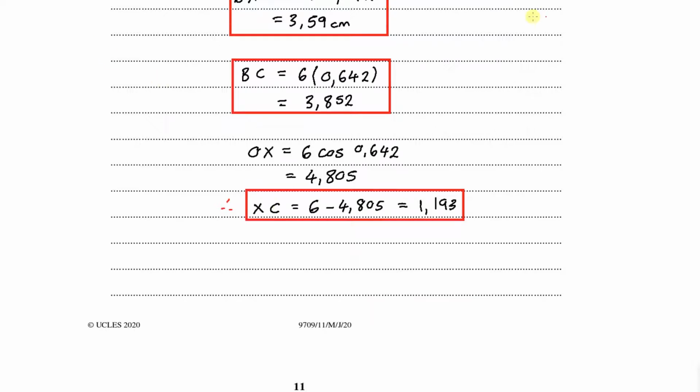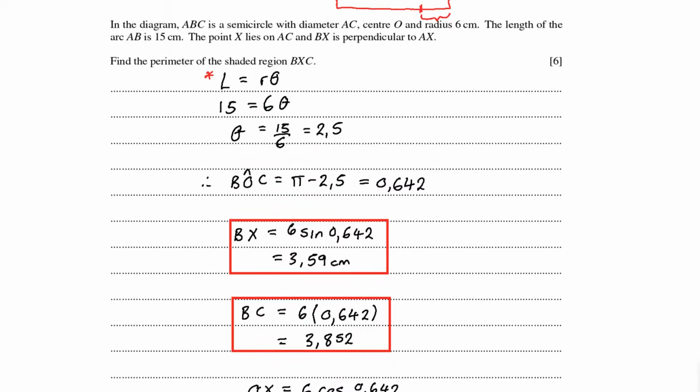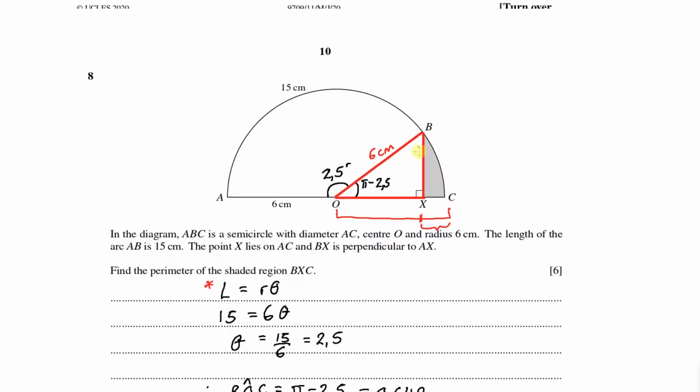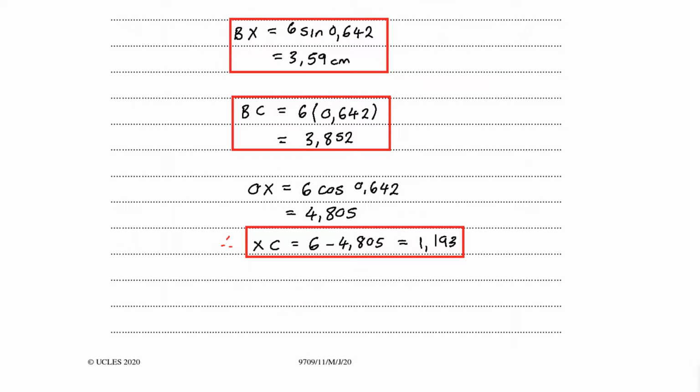Now, to get the perimeter of the shaded region, we now have everything. We have BX, we have BC, and we have CX, or XC. So we can now just add the 3. And these are the values that I've highlighted there in red. So the perimeter should come out as BX, which is 3.59, plus BC, which is 3.852, plus XC, which is 1.193.